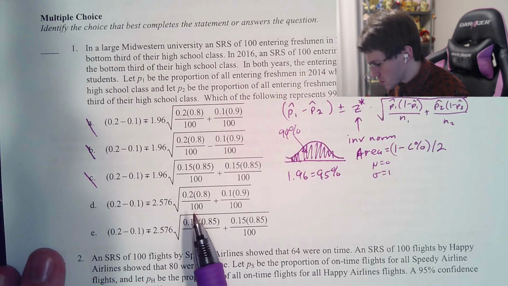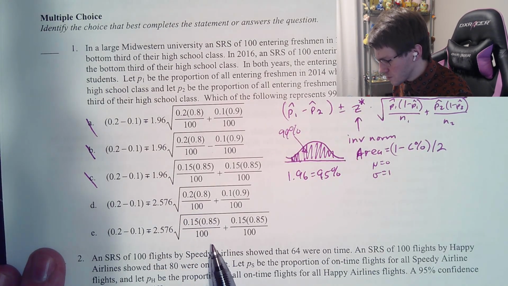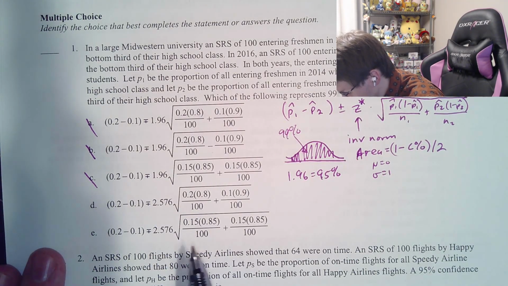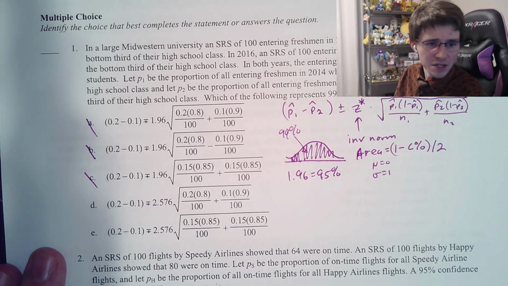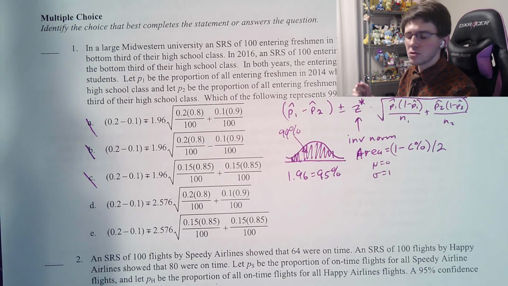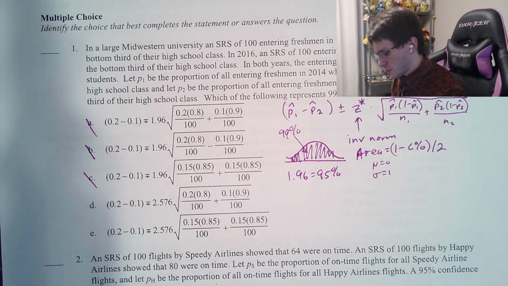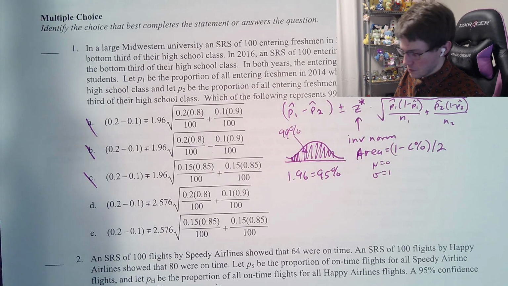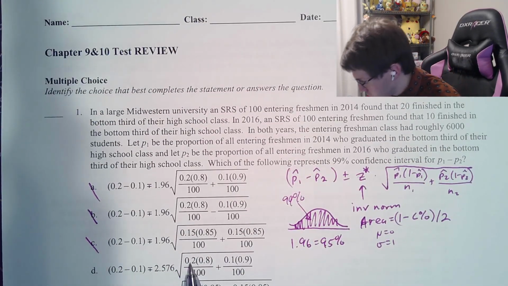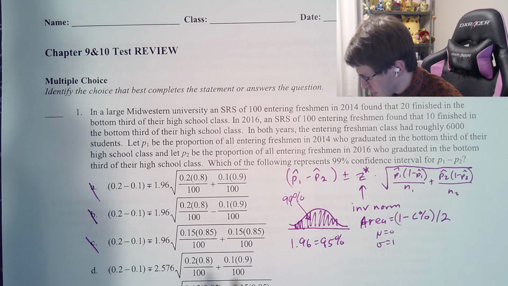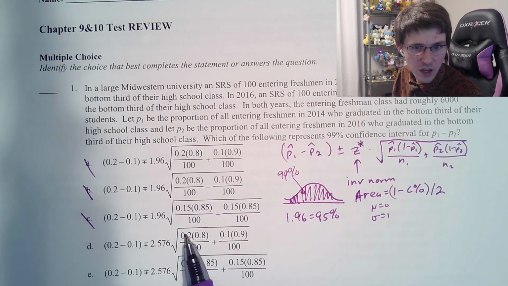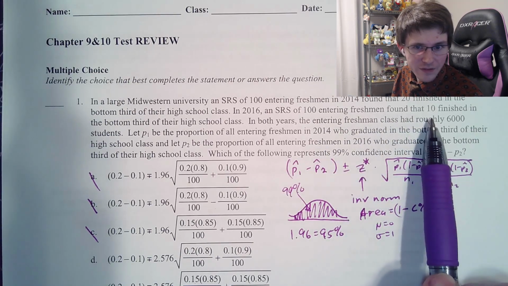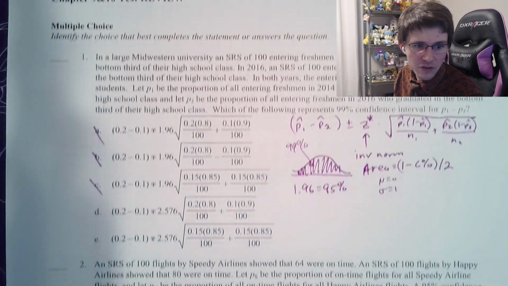Only question is, which one of these do we do? If you notice, these ones both have 0.15 in both of them. We only do that combined concept when we are doing a hypothesis test, not a confidence interval. So our correct answer is going to be the one that has the 0.2, and that is because we have the 20 over 100 for the first sample, and you have the 10 over 100 for the second sample.